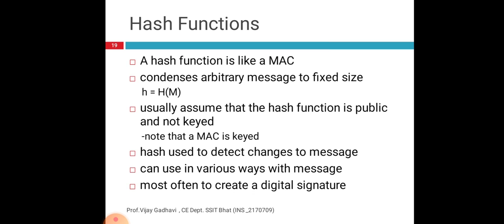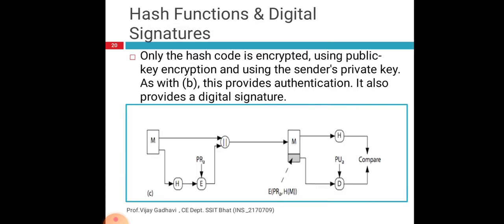Now in the next session we will learn the most popular hash functions. Before that we are completing hash functions. You see here hash functions and digital signatures. We compare and learn how the hash code is encrypted using public key encryption with the sender's private key, and this provides authentication.